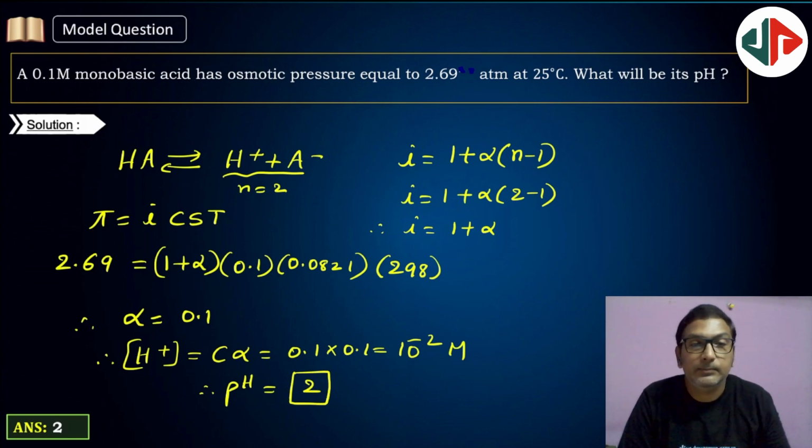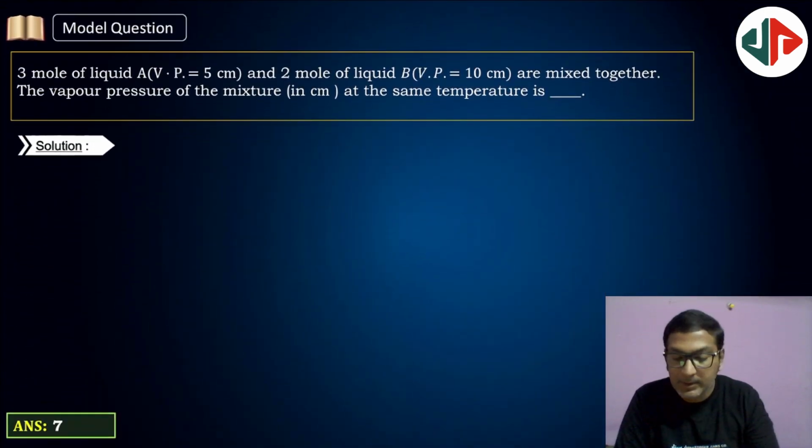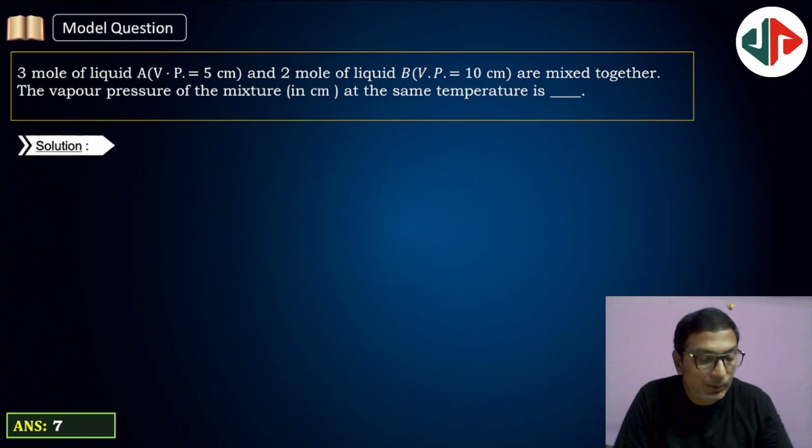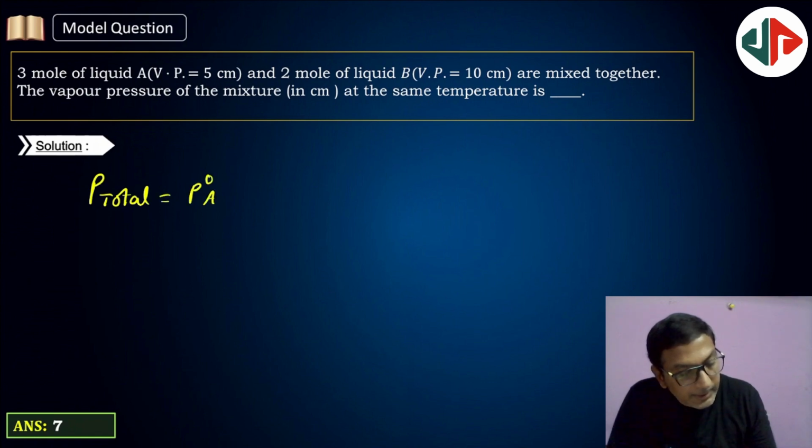Next. 3 moles of liquid A and 2 moles of liquid B are mixed together. What is the vapor pressure of the mixture, in centimeters, at the same temperature? So we know P total equal to P naught A into XA plus P naught B into XB.